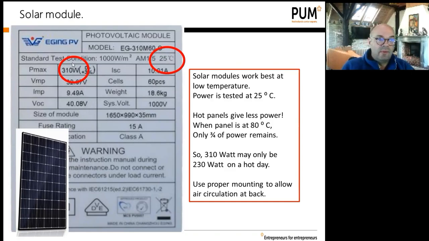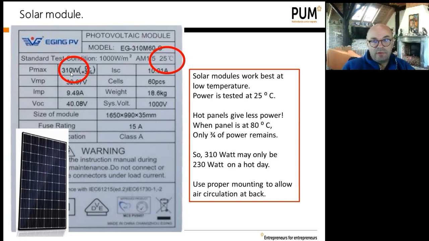Of course, how much energy it generates, the maximum peak in optimal conditions, and optimal conditions are 1,000 watts per square meter, the standard test condition, at 25 degrees. And in that case, it generates 310 watts. That's not bad. It's better than my modules on my roof.